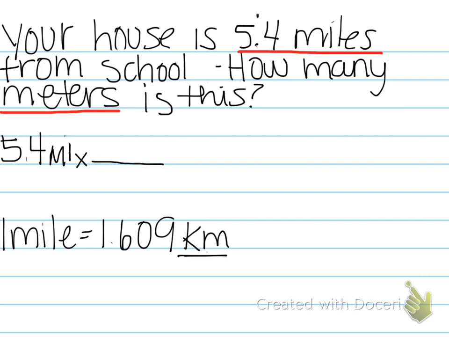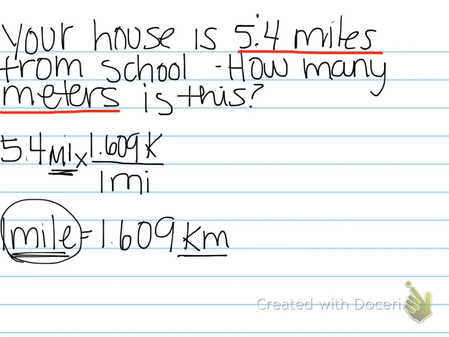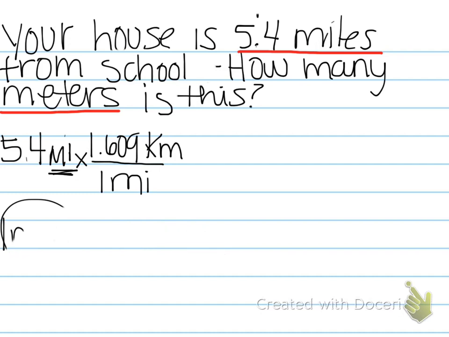So this would be a good path for us to go on. Now, in order for the unit of miles to cancel, I need them to be on opposite sides of the line. So miles is on top here, which means that I need my mile equivalence number to go on the bottom, 1 mile, which means that my 1.609 kilometers is going to go on top. So I'm going to erase this one because we don't need this equivalence statement anymore.